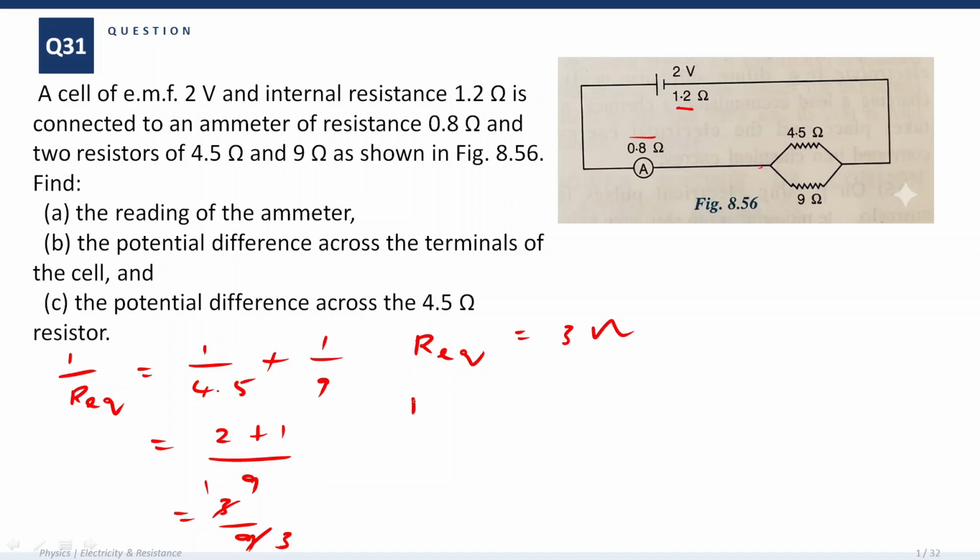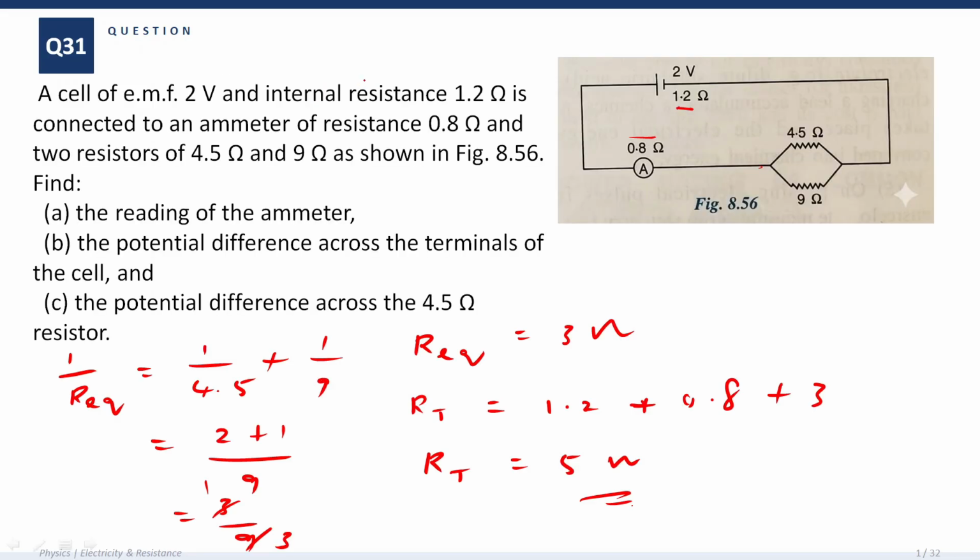Total resistance RT equals internal resistance 1.2, ammeter 0.8, external resistance we found 3. So total resistance in the circuit is 5 ohms. Now we'll use Ohm's law.